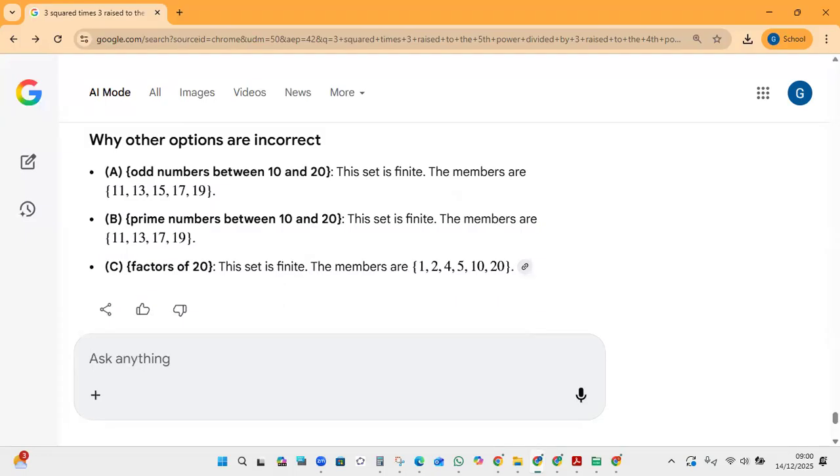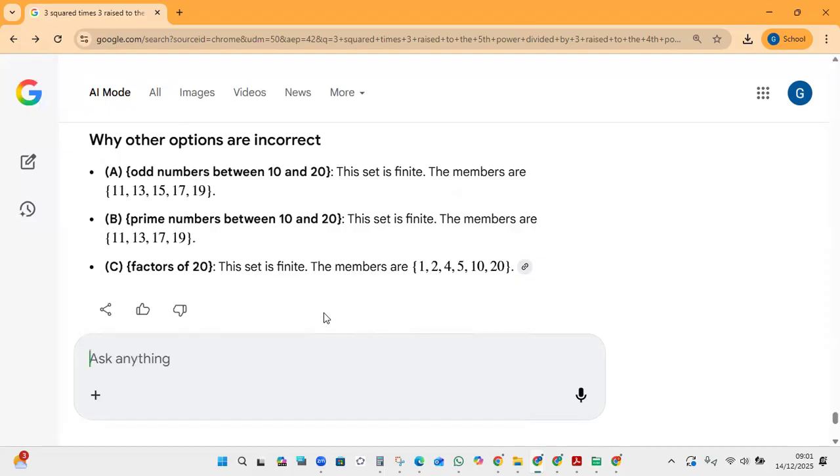So that is another tactic for multiple choice. You're looking at the options that obviously might not be the answer. For example, A, odd numbers between. So between implies a lower limit and an upper limit.